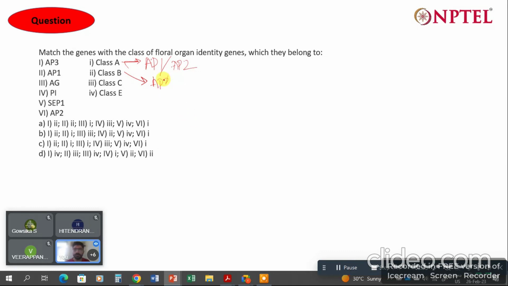So in class B we have AP3 and PI, and in class C we have the AG gene, and in class E we have SEP genes.